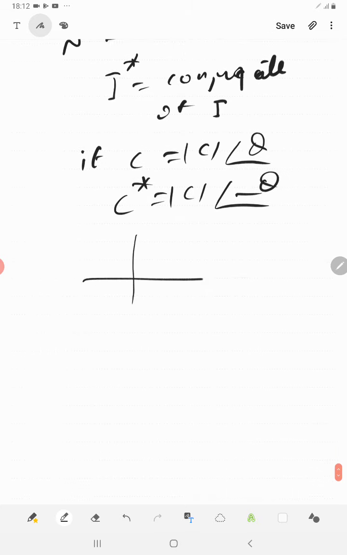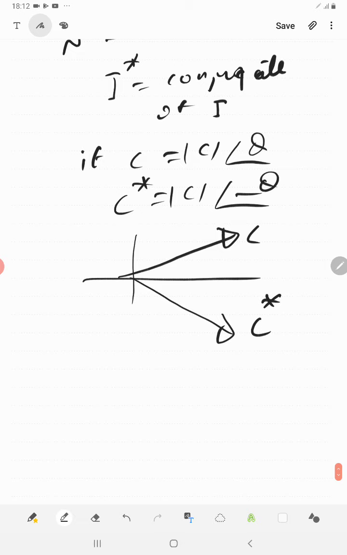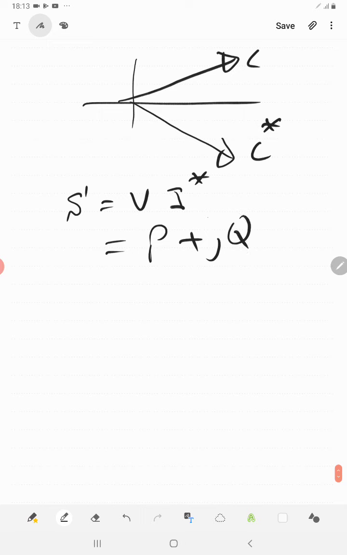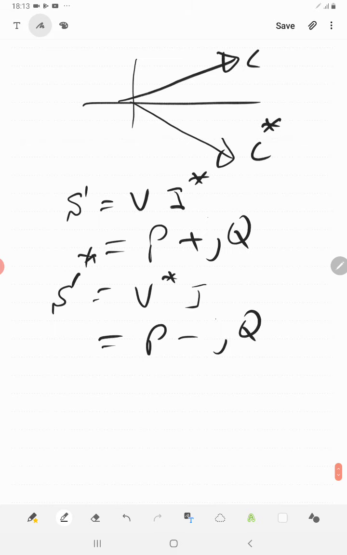So if this is C, then this is C conjugate, or vice versa. So when we apply this, S equals V I conjugate, it will give you a complex number, plus jQ. Or S conjugate is V conjugate I, it will give you minus jQ.